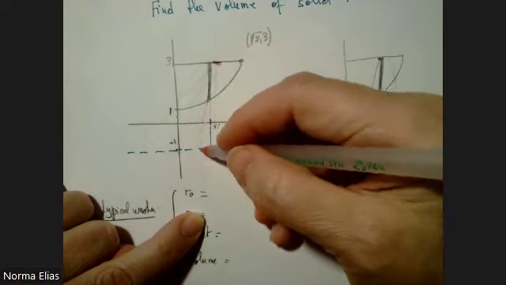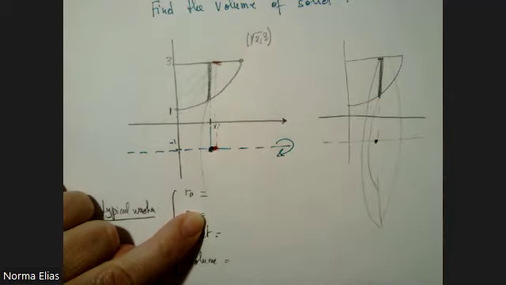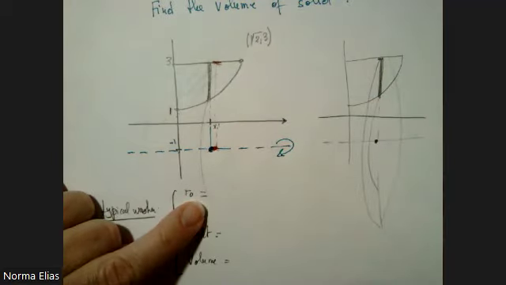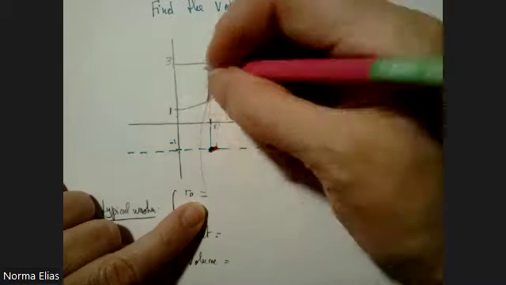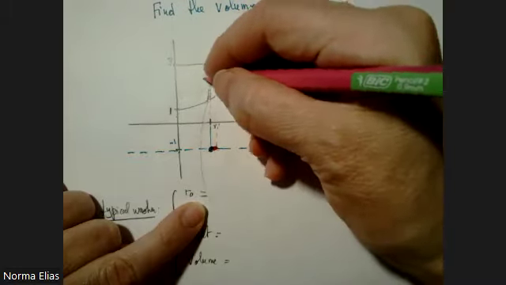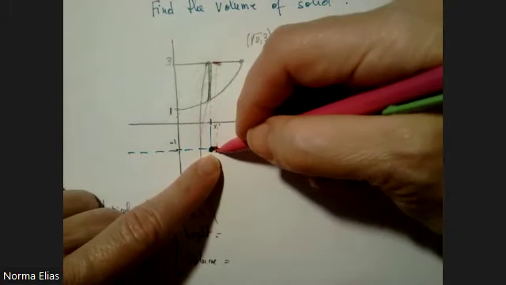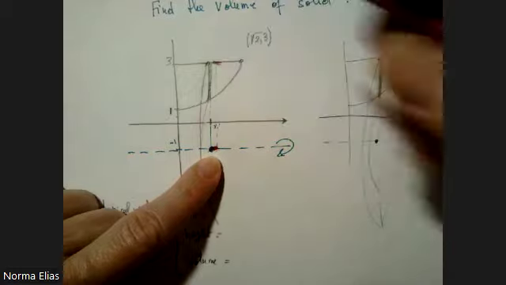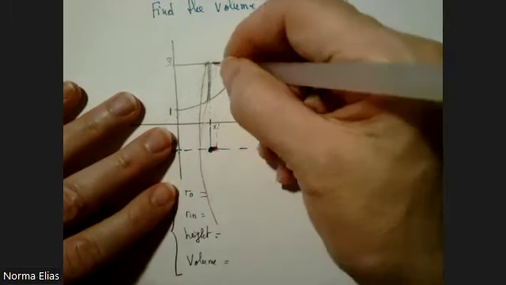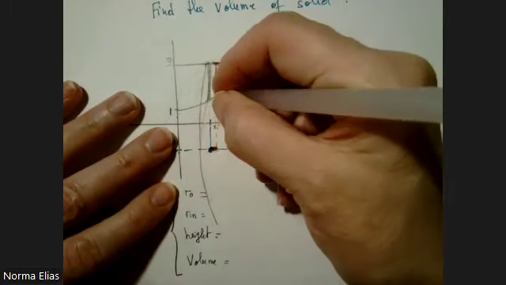So I'm going to rotate all the way down to here. So that really is going to be my outer radius. It means that's the center of rotation. So I'm going to go from here all the way down to here. So the outer is going to be from the axis of rotation to the outer curve. So from here to here, I will mark it one more time.